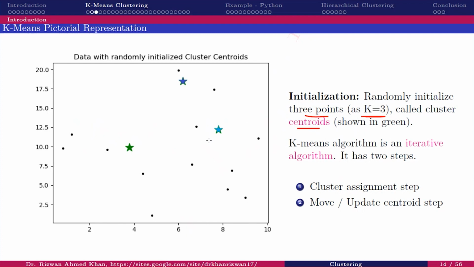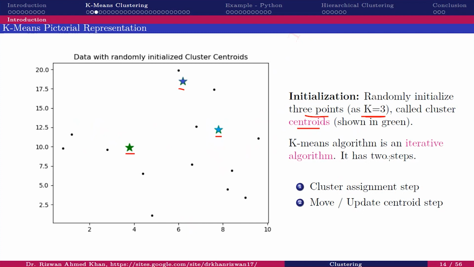I have shown them as three differently colored stars: cluster centroids in green, cyan, and blue. So this is the first step: we randomly initialize 3 points as cluster centroids.